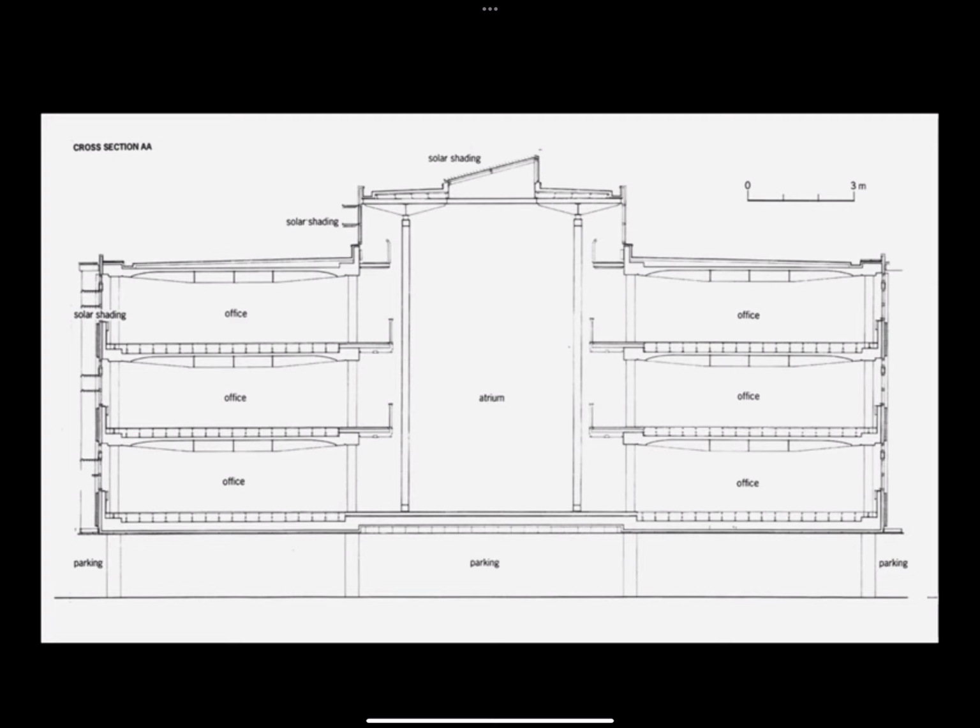And there are 2 long bars of offices on either side of the building with an atrium in the middle. The atrium has its own structure, which is steel, and so there are 3-story high steel columns and a glazed roof over the atrium. So we have 2 precast concrete structures on either side, and then a steel frame structure in the atrium.